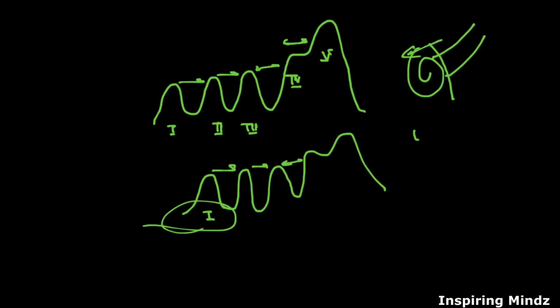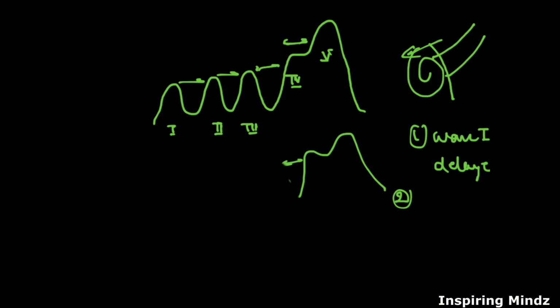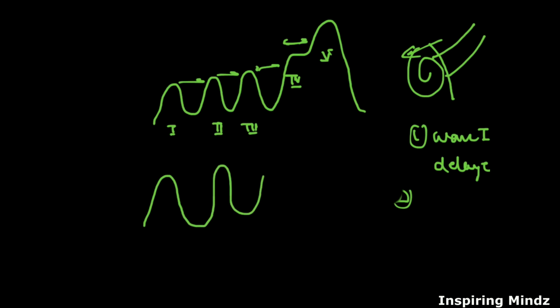Now suppose another condition. This was the first condition in which wave 1 was delayed. Now consider the second condition. In the second condition, wave 1 is normally present, but the interwave latency between the waves is increased.